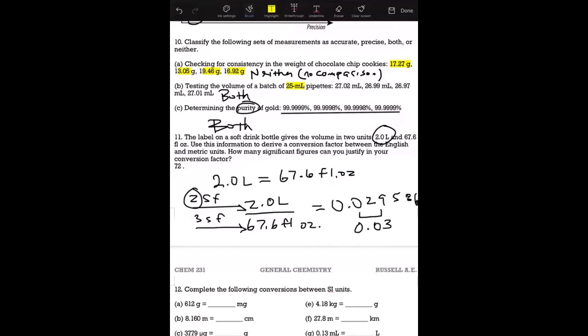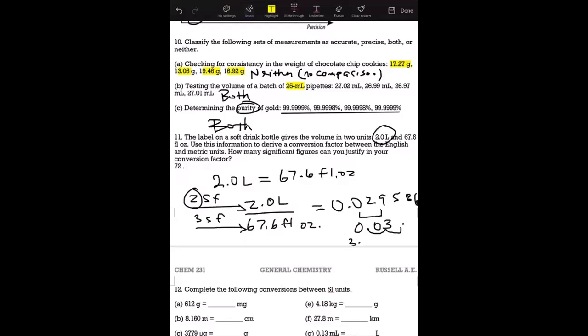Is that right? Yes. Then we can move the decimal here. So we can write this as 3.